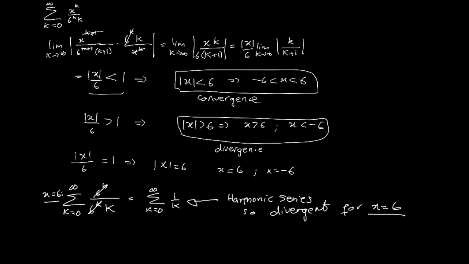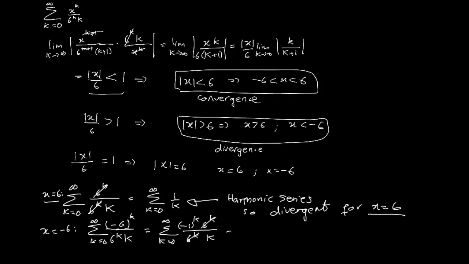That is one result. And that leaves us the last one, which is we have to check x equals minus 6 next. So that means we have the sum from k equals 0 to infinity of minus 6 to the k over 6 to the k into k. Now this one is a little tricky, so be a little careful here. This becomes minus 1 to the k into 6 to the k over 6 to the k into k.